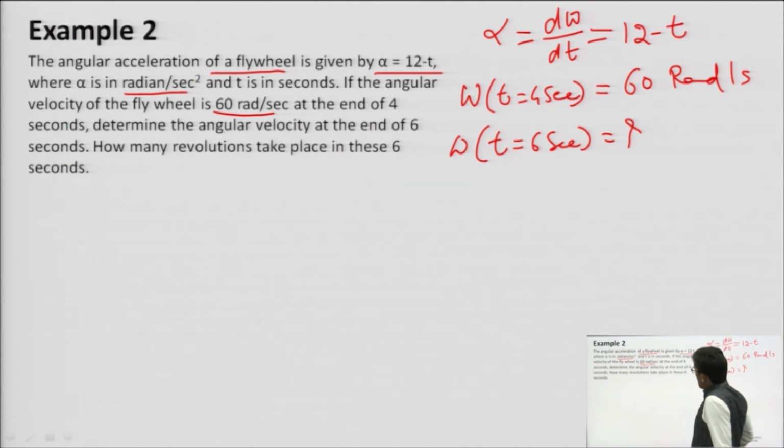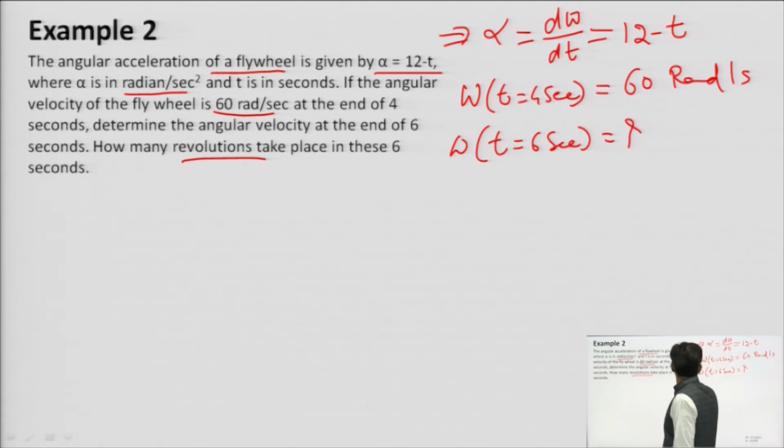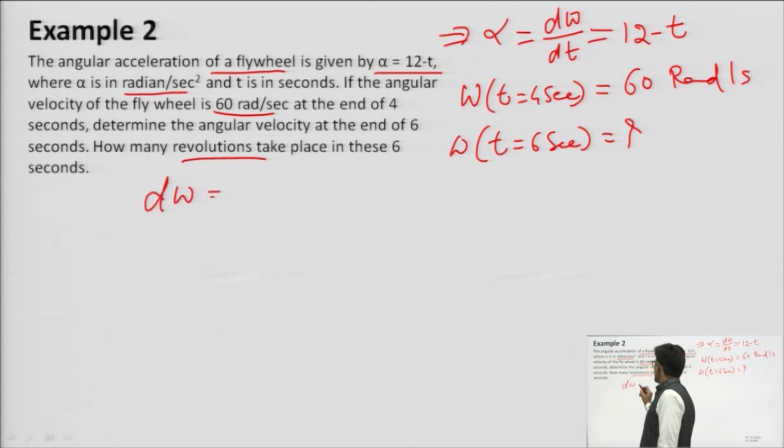How many revolutions take place in this time, from t equal to 4 to 6? That we need to calculate. It is very simple, alpha is given to us, means d omega by dt. So d omega is 12 minus t times dt.